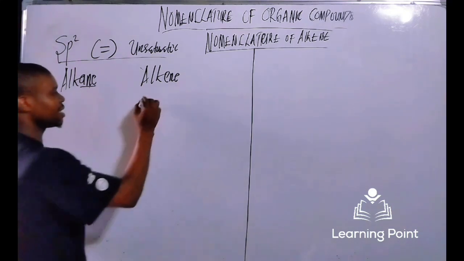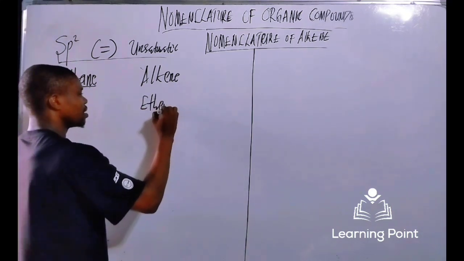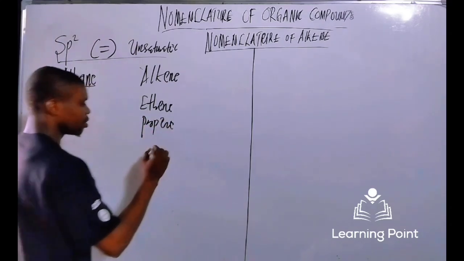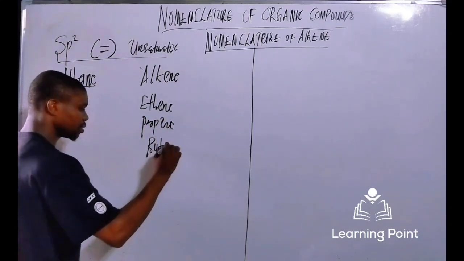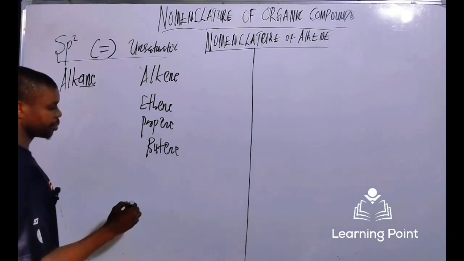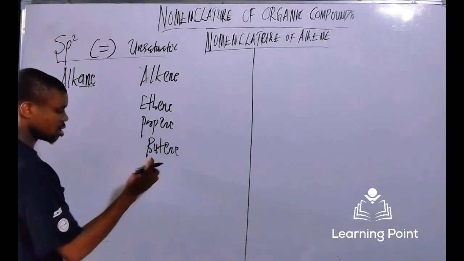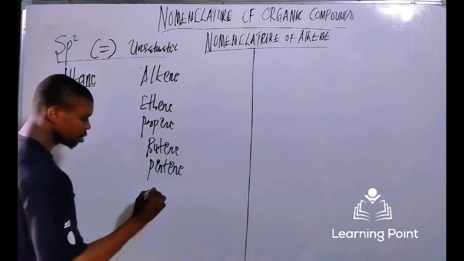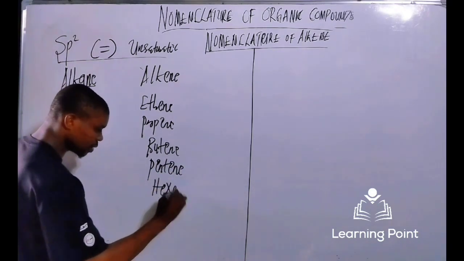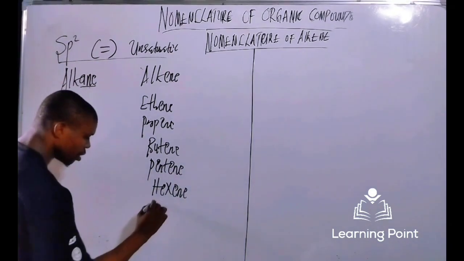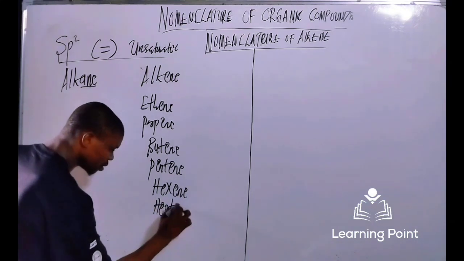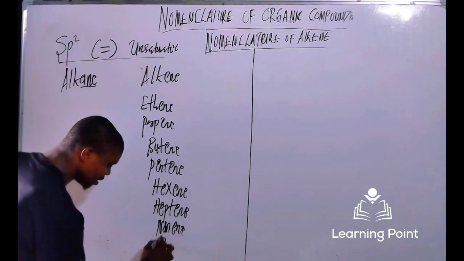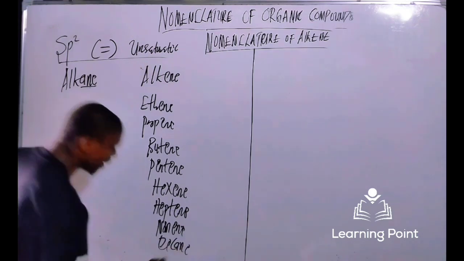So we have ethene, propene, butene, pentene, hexene, heptene, octene, nonene, and decene.